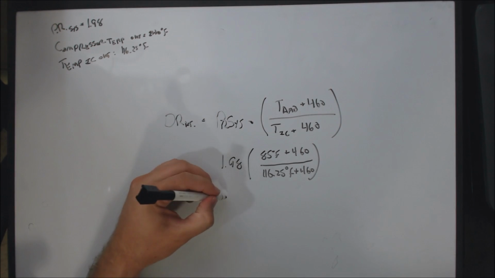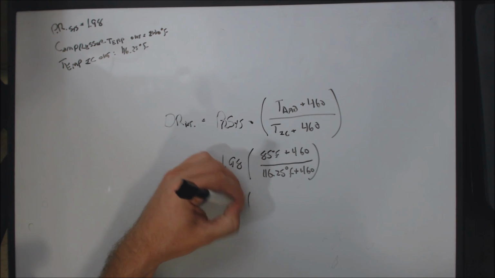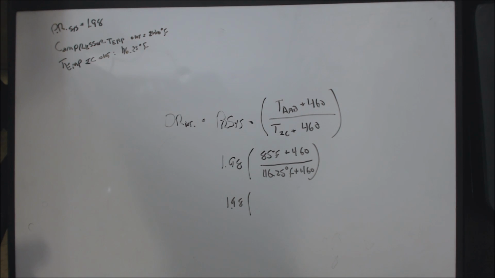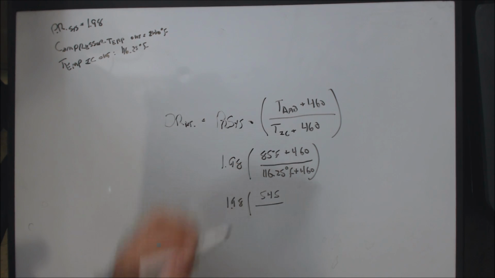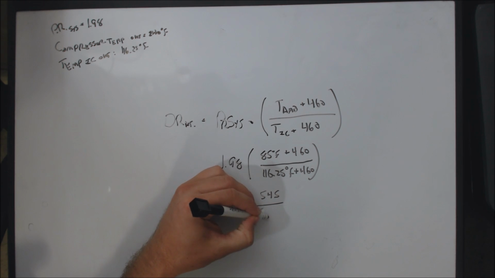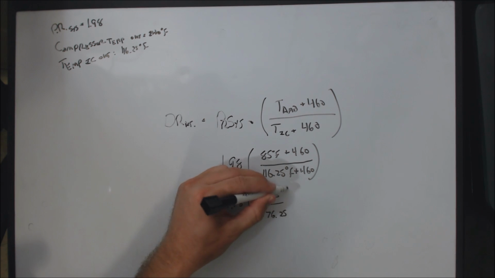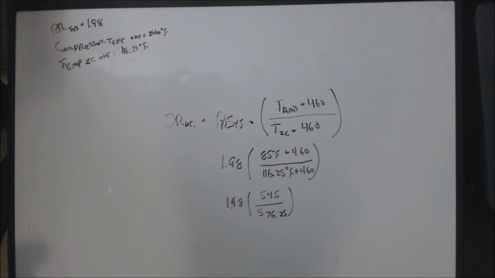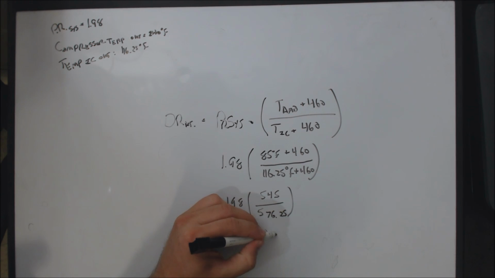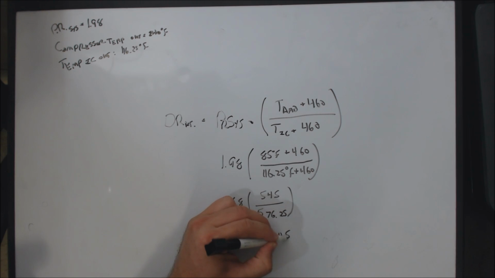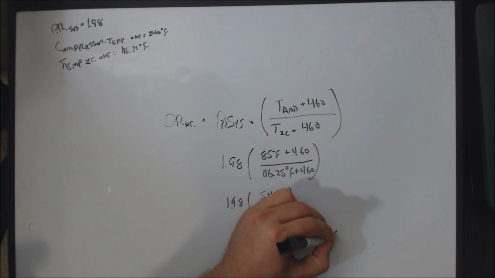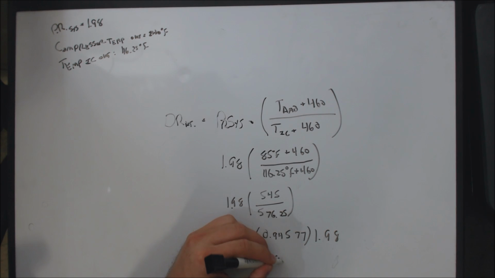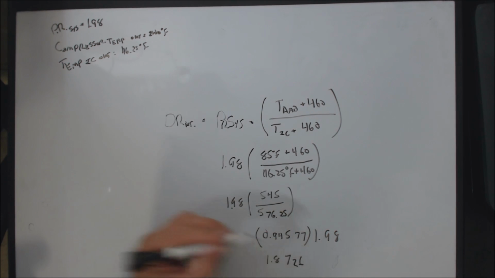Computing that, I have 1.98. 85 plus 460 is 545. 116.25 plus 460 is 576.25. Dividing these two, I get 0.94577 times 1.98, which is 1.8726.